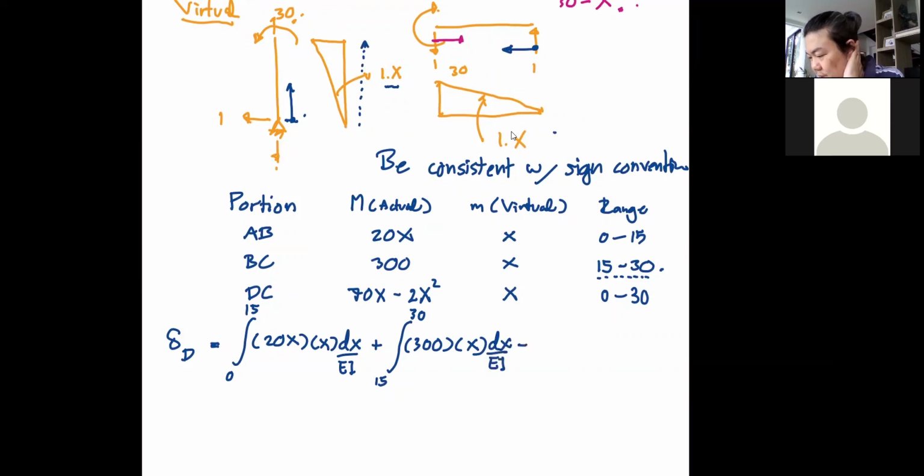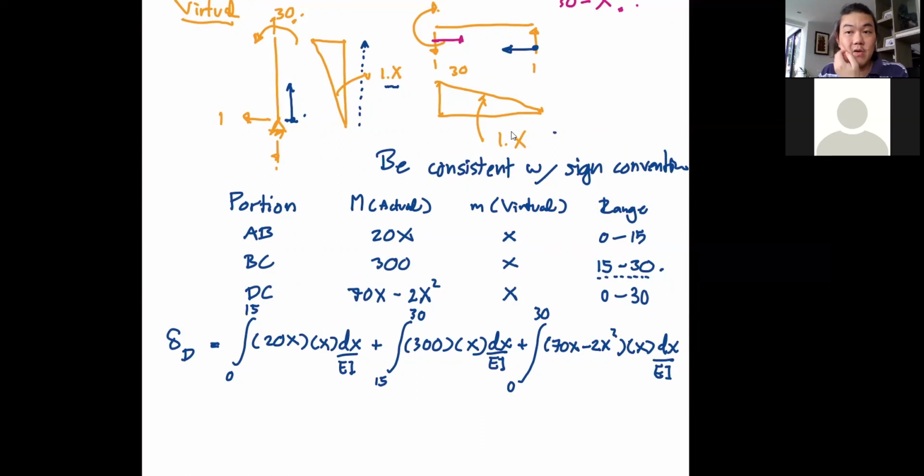And the last one, let's hope that it can fit here. From 0 to 30, 70x minus 2x squared, multiplied by x, dx over EI. So if you've come to this point, the calculator can do the dirty work for you.